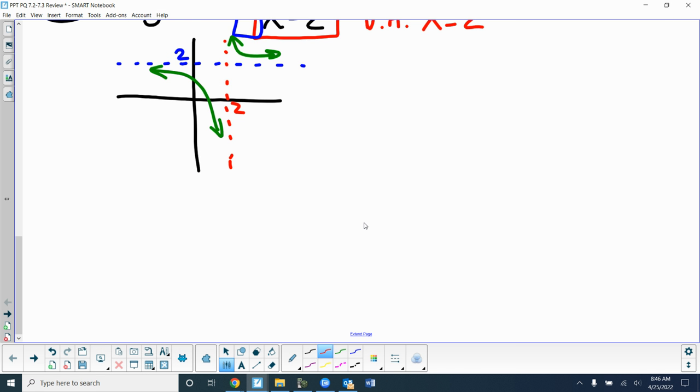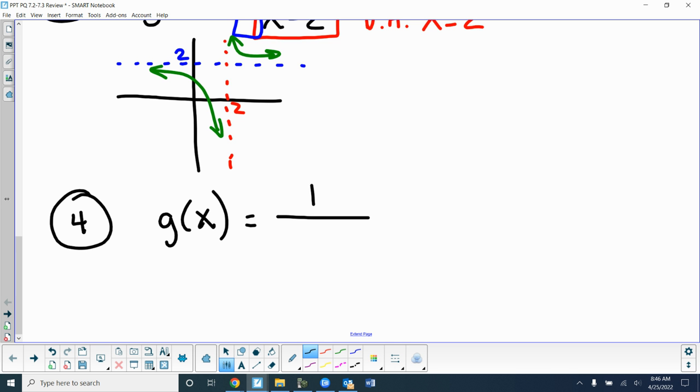All right. Number 4. We've got another one where the numerator is a whole number. So this is like the first one, right?